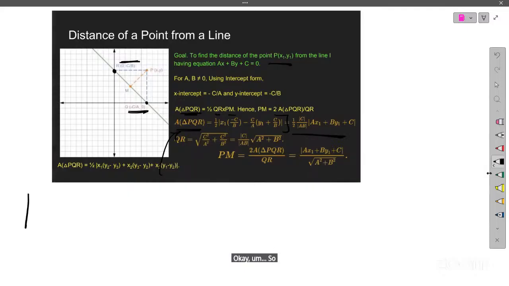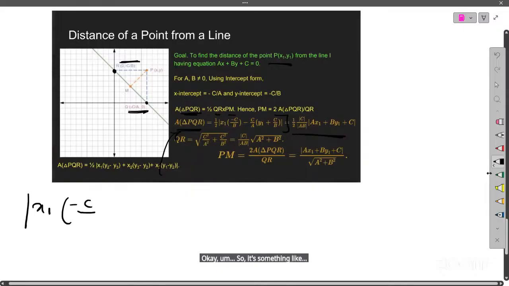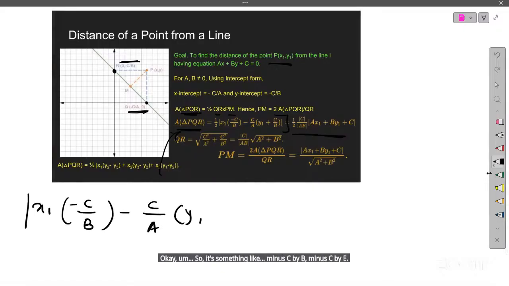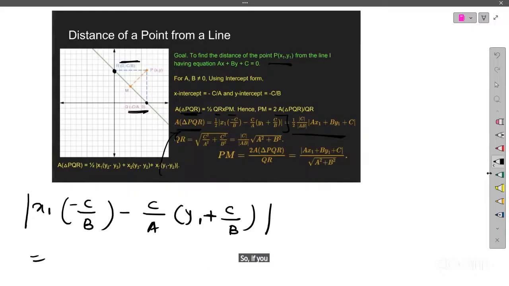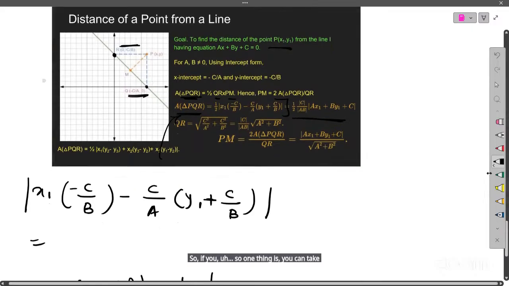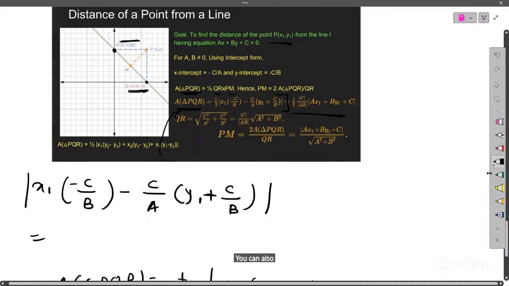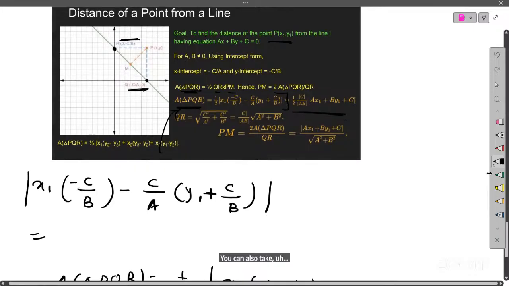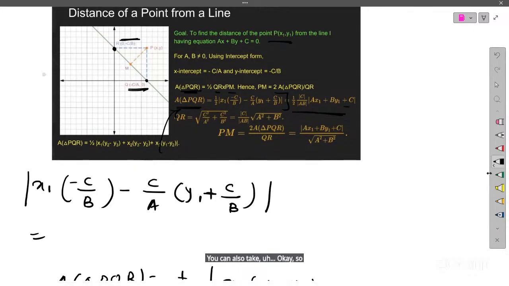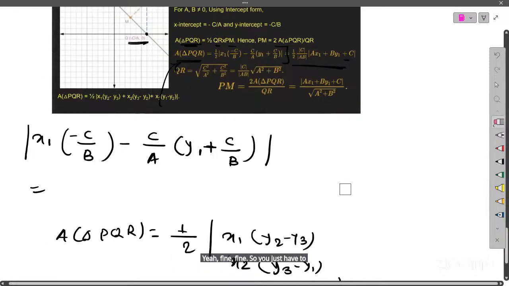So it's something like minus c by b minus c by a of y1 plus c by b, right? One thing is you can take the modulus of c common. Why is this plus here? Fine, you just have to simplify. I think we can get that.